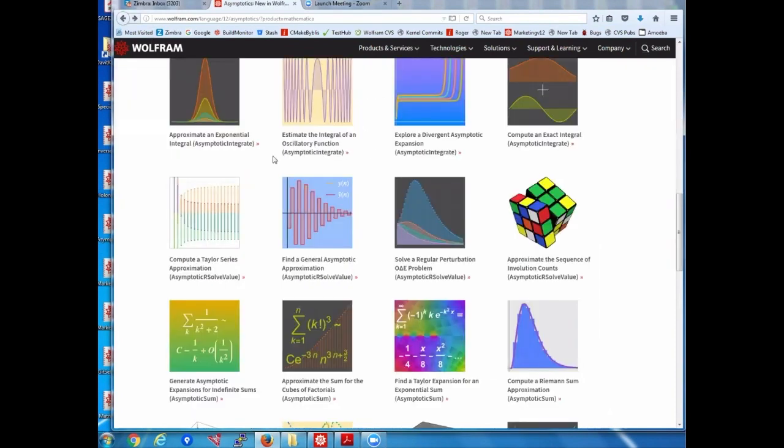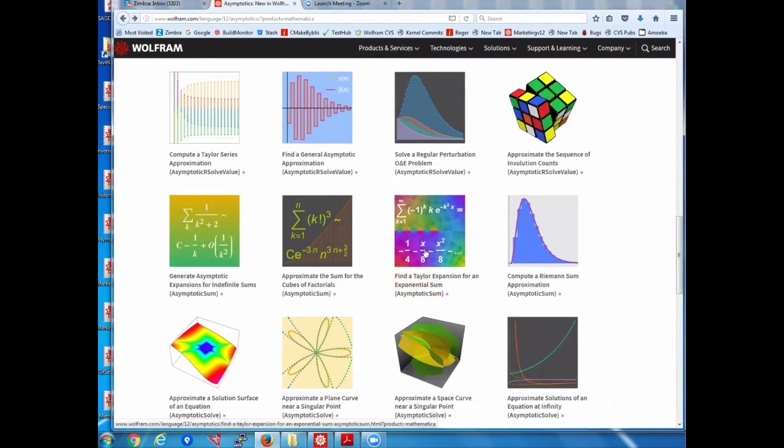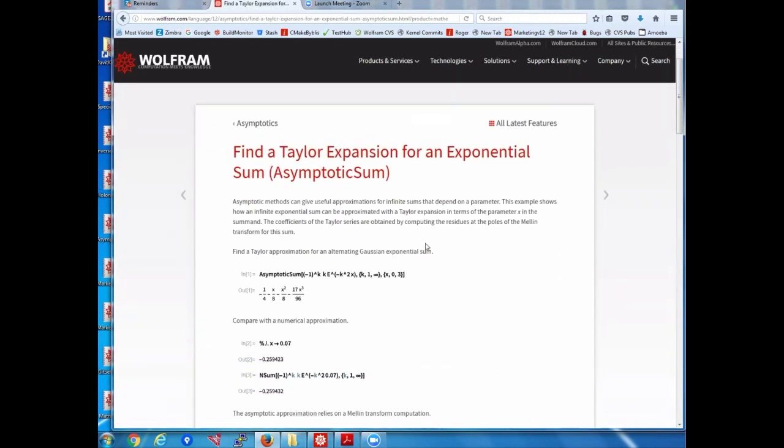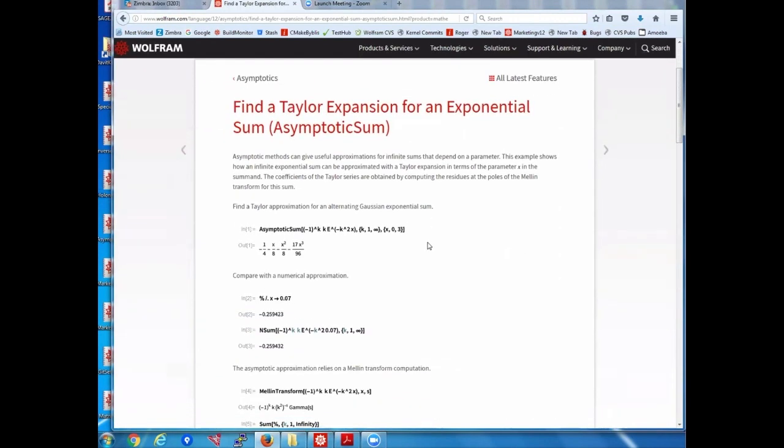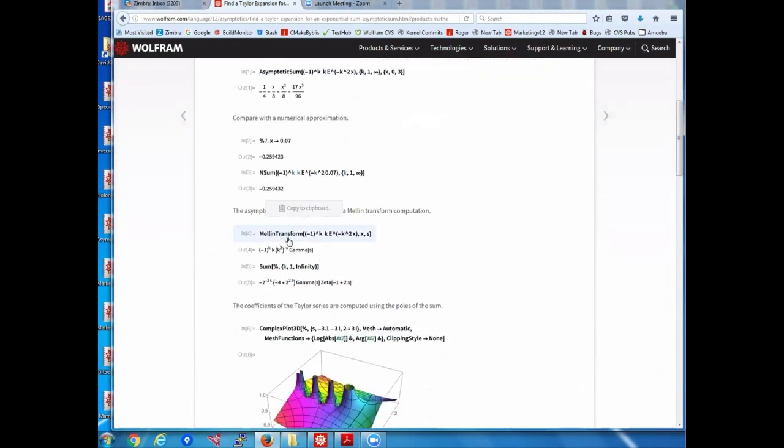Okay, on to sums. This example over here is from a paper by Philippe Flajolet, where he talked about the Mellin transform and harmonic sums. So that's what he would call a harmonic sum. It's got an exponential in it. And this expansion over here actually comes from a Mellin transform computation.